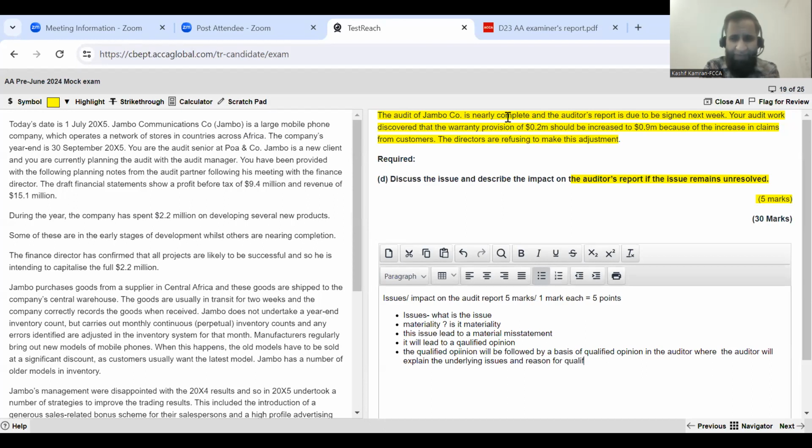Now, some sort of 5 points, you need to fill up these 5 points. Every point should be like 2 to 3 sentences. You keep filling up, sometimes 2, sometimes 3.